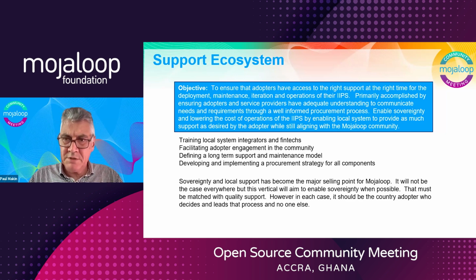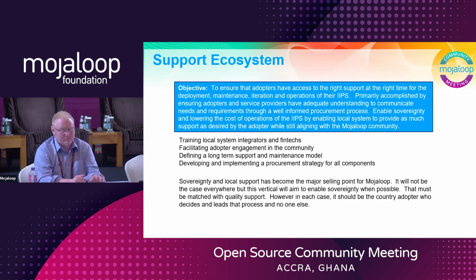It's the lowest cost, and it's the most responsive way of doing it. If you need somebody at short notice to sort out a problem, a local service provider is obviously best. For level 3 and level 4 support, we suggest that you contract with one of the global SIs in the Mojaloop ecosystem to provide that support. Moving on.